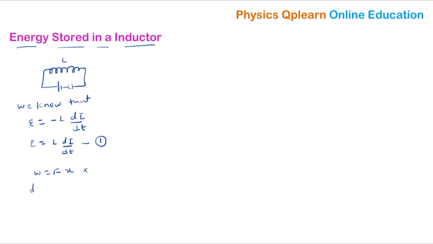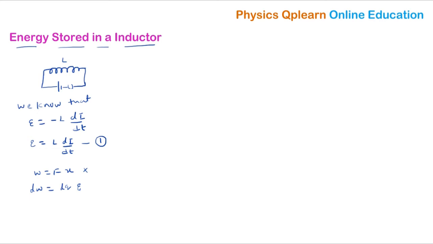Small amount of work done means dW is equal to a small amount of charge, dQ, into EMF or voltage. Charge into voltage, the product of charge and voltage, is also work done in electricity.